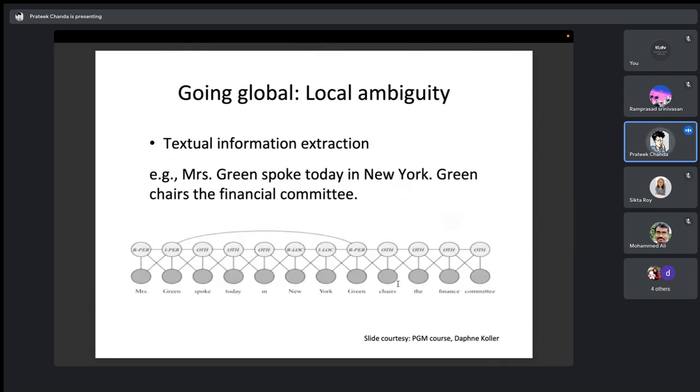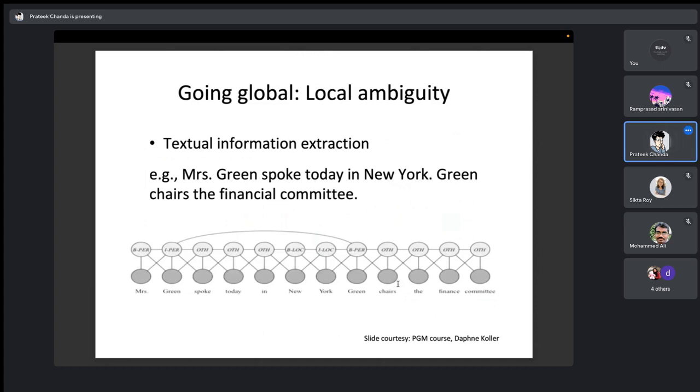The other obviously important application is information extraction. Things like this are highly used in Google search and any other search engine. For example, in the sentence "Mrs. Green spoke today in New York, and Green chairs the financial committee."